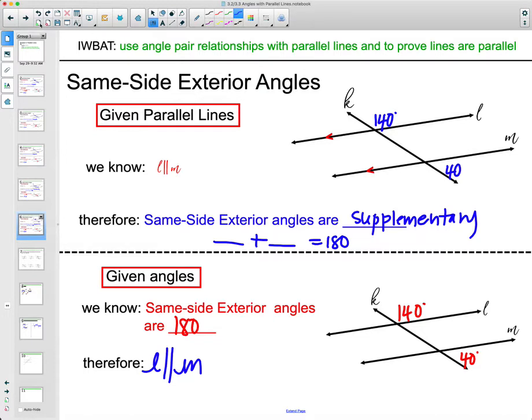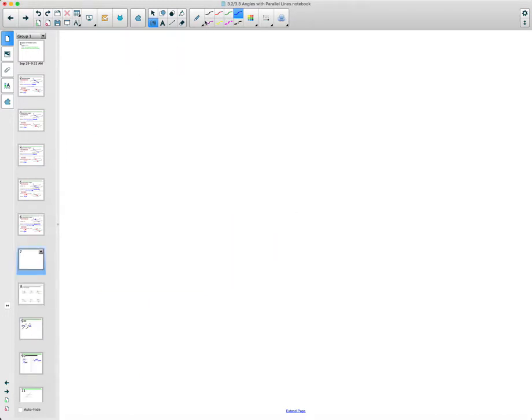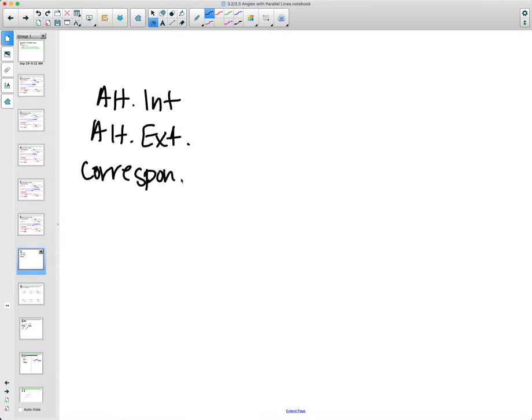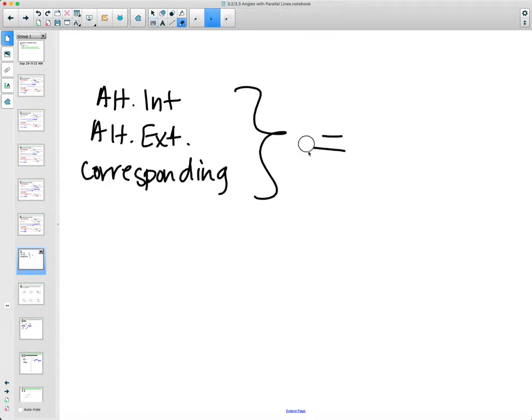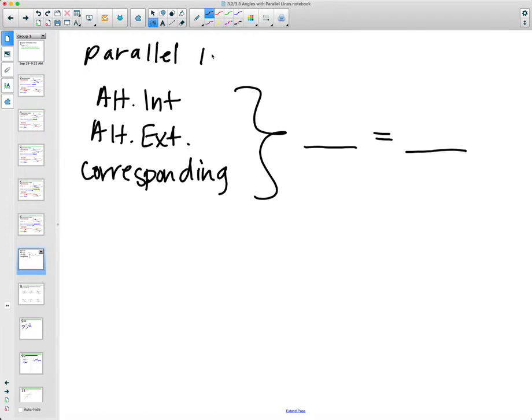Okay, so just a recap on that, make sure that you know all of these and you know the equations for them. Alternate interior, alternate exterior, and corresponding: when you have parallel lines, these are all equal to each other. So the formula that we talk about would be blank equals blank. The two angles are equal to each other when you have parallel lines, and if you ever see them equal, they force parallel lines.